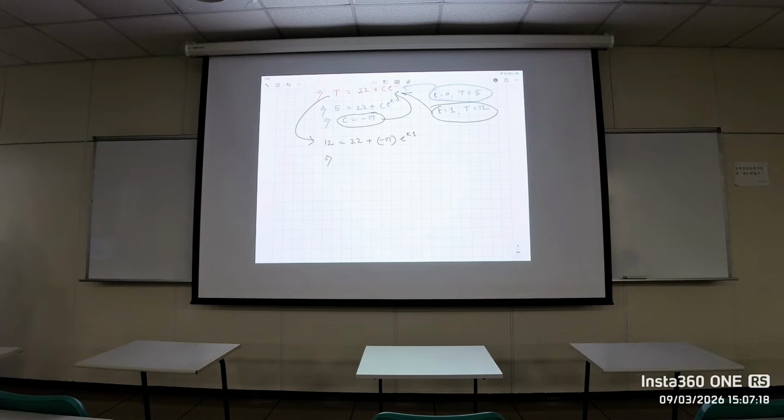That means this one is giving me e to the power k is equal to 10 by 17. That means my k is nothing but ln 10 by 17.